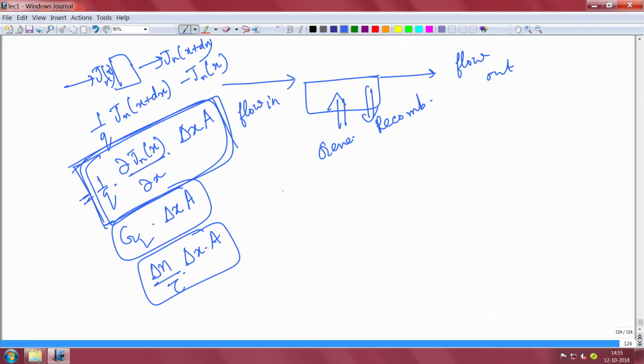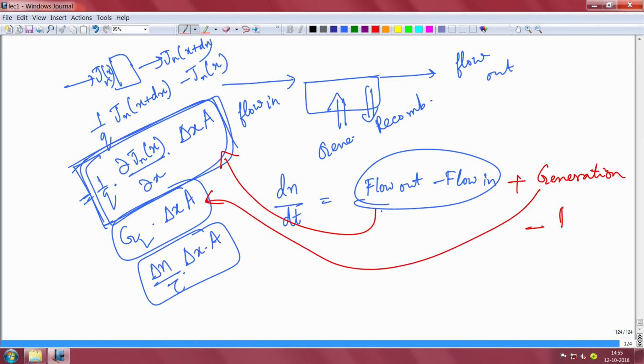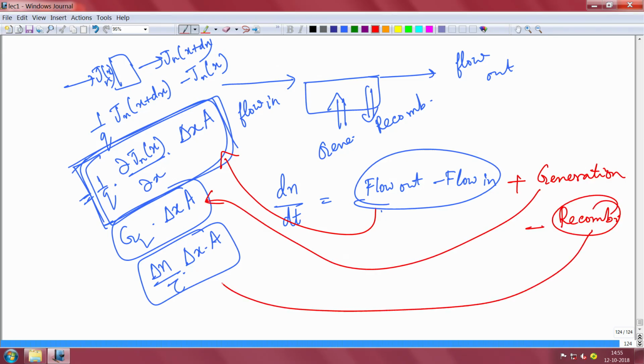Okay. So the total rate of particle flow is given by flow out minus flow in, which is given by this quantity, plus generation, because you are generating carriers, which is given by this, minus recombination, which is given by this.